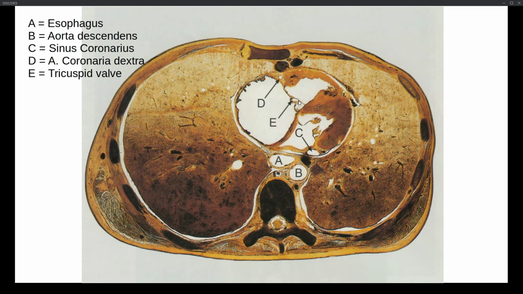And at last we have here, which also refers to this structure, the tricuspid valve, so basically the valve between the right atrium and the right ventricle. But we will talk about these valves later on quite a bit. So this is just a first picture of how it looks in real life.